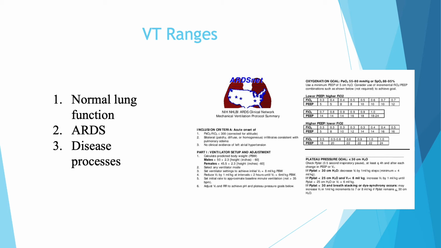It's really going to vary based upon the disease process as well. But it's important to know that normal lung function runs 6 to 8 milliliters per kilogram, and ARDS protocol calls for 4 to 6 milliliters per kilogram. Depending on disease process, you're going to vary from that gap of 4 to 8, maybe even 10 milliliters per kilogram.